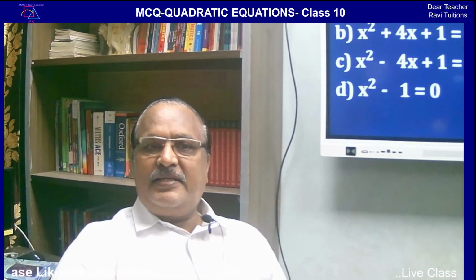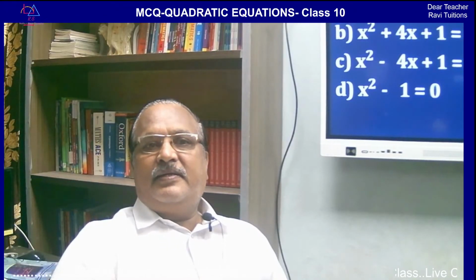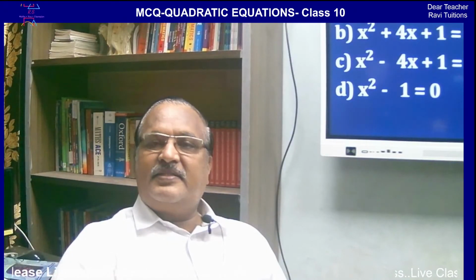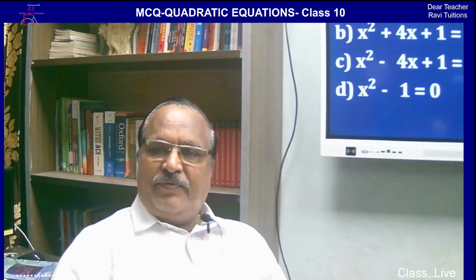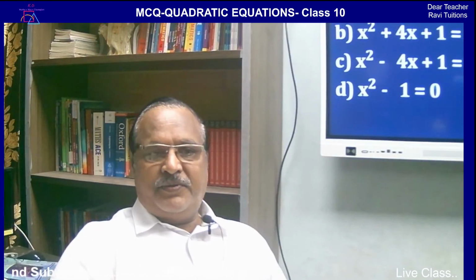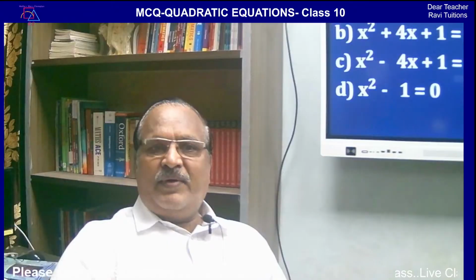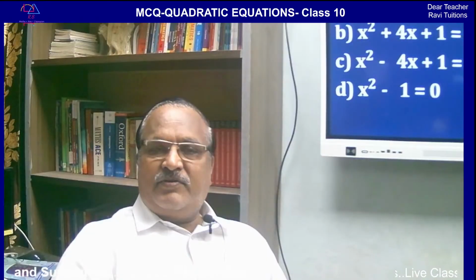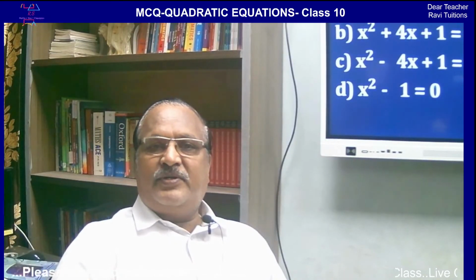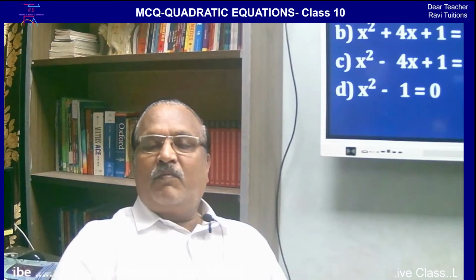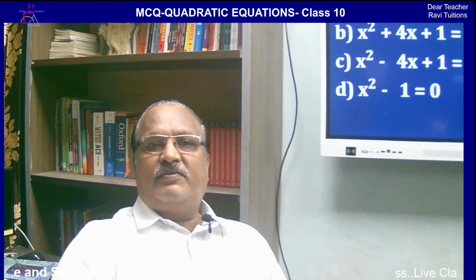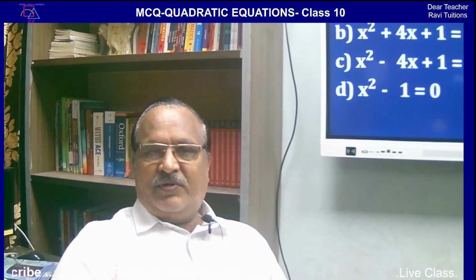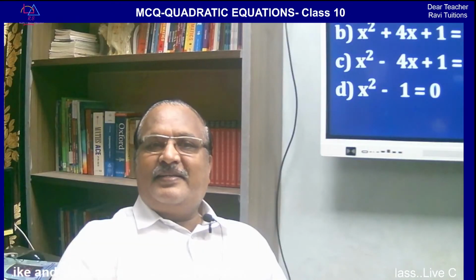The special thing about quadratics is that CBSE removed so many things from this chapter. So very few concepts and few problems are there, not very many. Only what is a quadratic equation, how to recognize it, what the roots are, and how to find the roots using different methods.